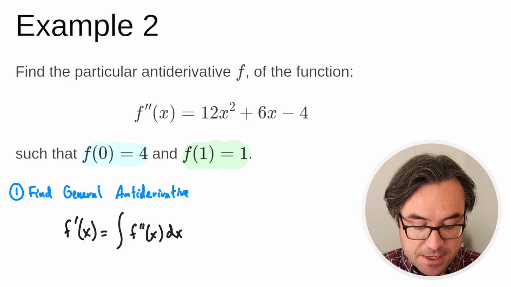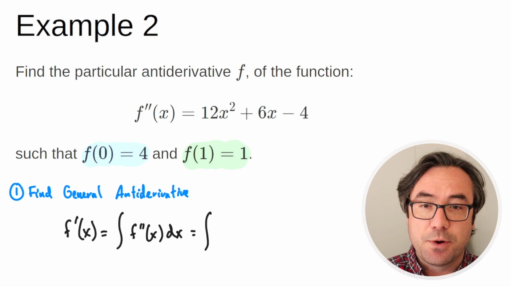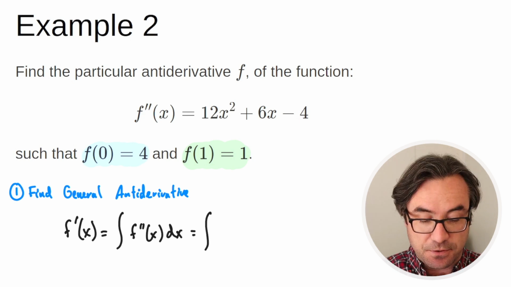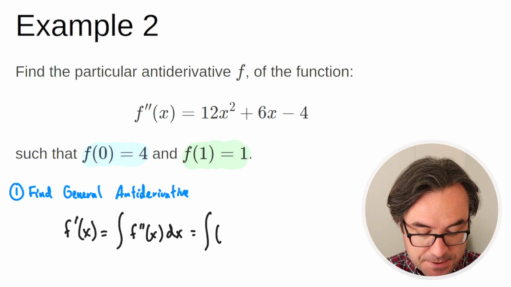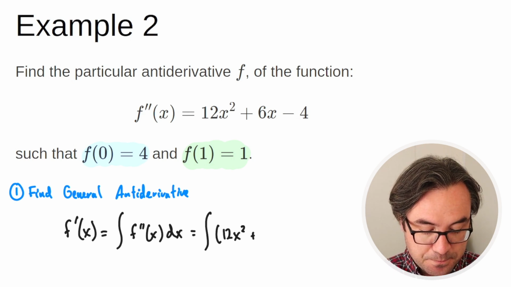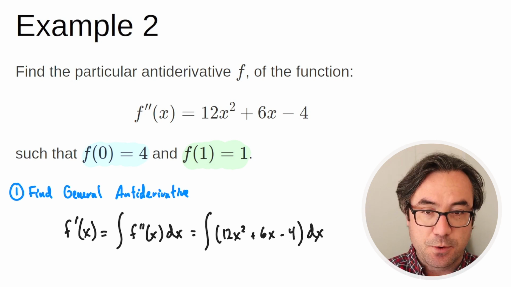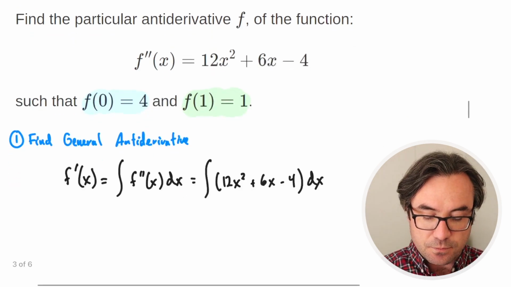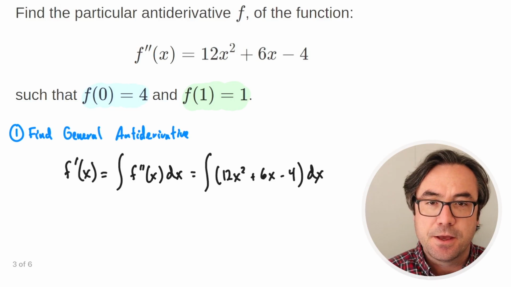Let's throw in our formula here: 12x squared plus 6x minus 4.